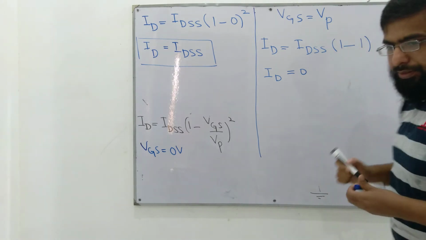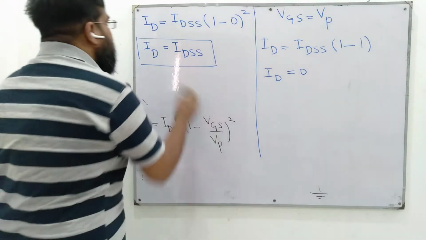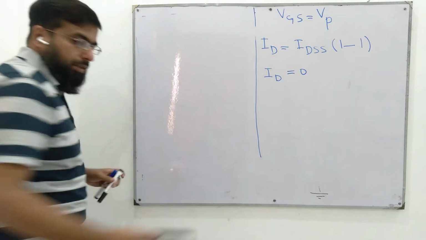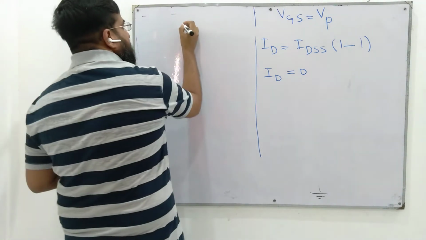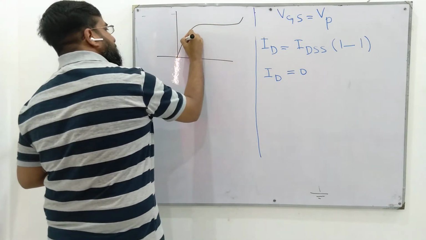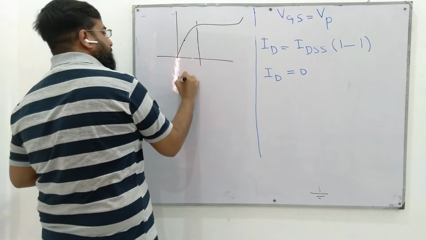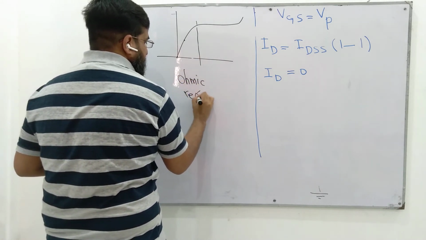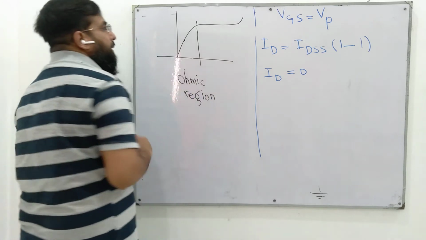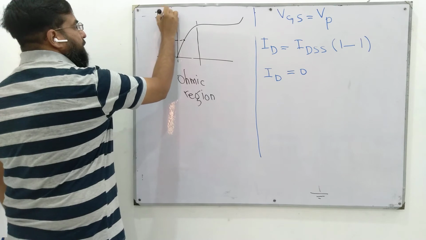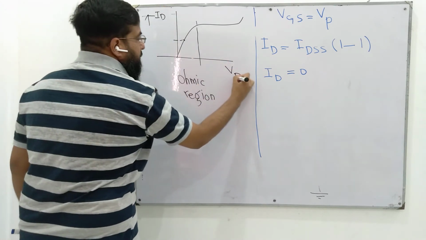In many cases, we have to bias our transistor in the middle of the ohmic region, where we have ID versus VDS.